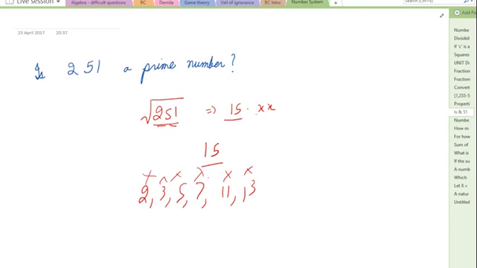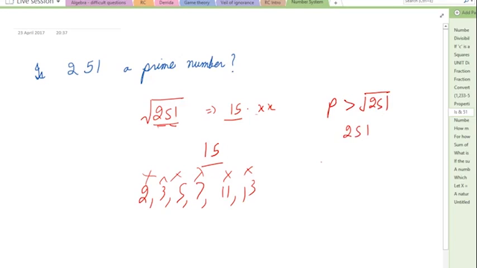The reason why this happens can also be explained. If no prime number below its square root is a multiple, then there is no way a prime number above its square root can be a multiple. If you don't understand this, don't think about it. Let's assume there is a prime number p which is greater than root 251 and is a factor of 251.